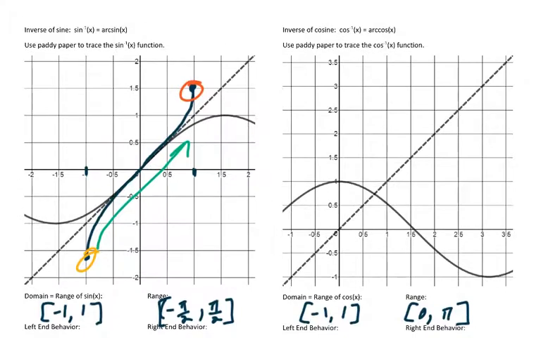So what it ends up looking like, let's see if I can get this right. About right there, a little more than pi, right there. It's looking something like this. It's not bad. And again, it's got these endpoints here.